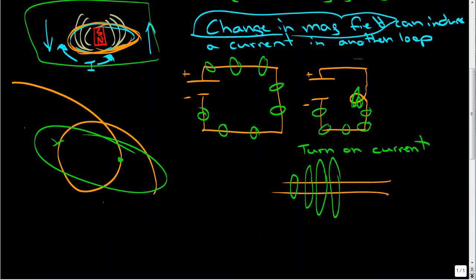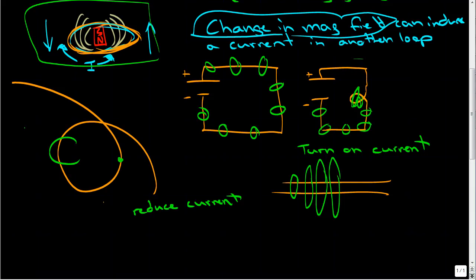And so what happens is that when we reduce the current, look what happens. The magnetic field line gets smaller and smaller, and when it gets smaller, it's changing, and when it changes and passes through this wire, it will induce a current.